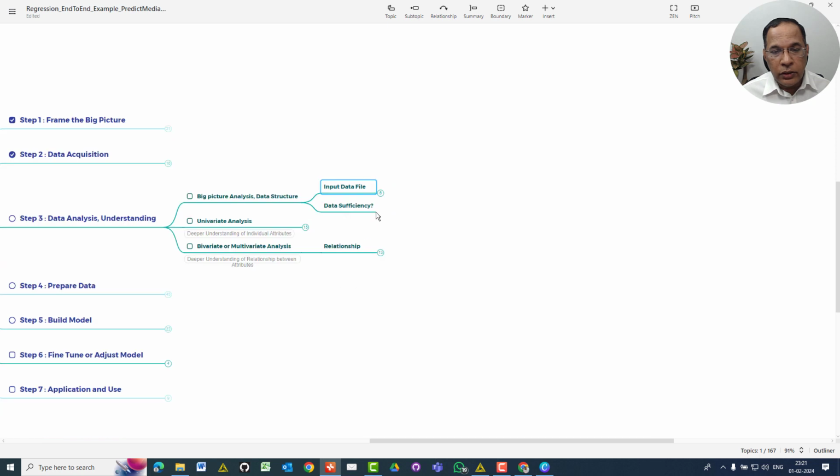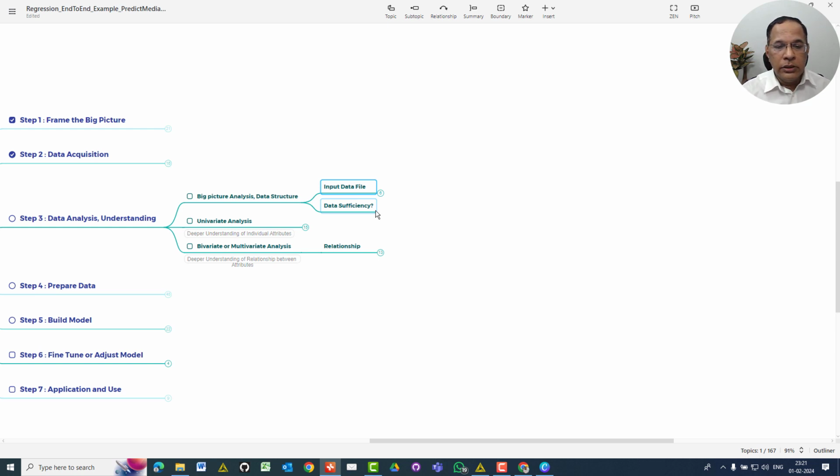Then you have to figure out at a high level, is it going to be sufficient for me to build a model? Is there anything of value given the objective that I'm talking about? Now let's say in this case we are talking about determining the price of the house. Let's say, for example, we have all inputs like terrain of the landscape or rivers and bridges and stuff like that, right? Which are not necessarily directly related to the housing value that we are trying to look at.